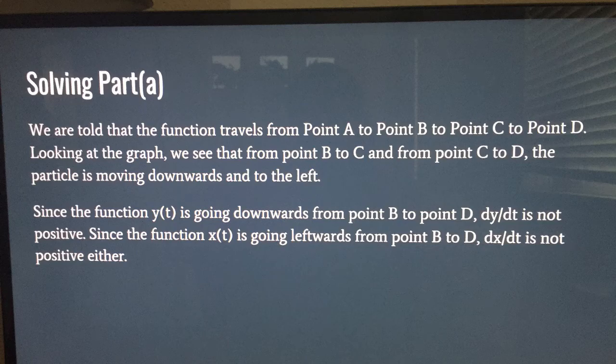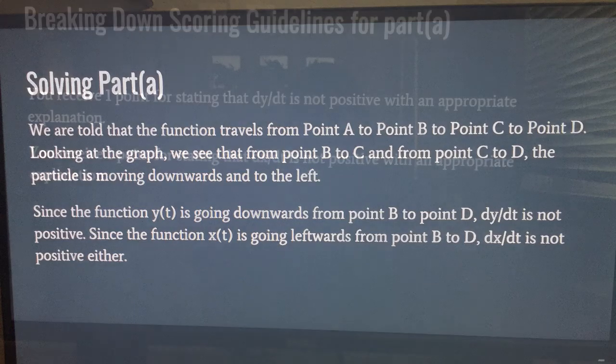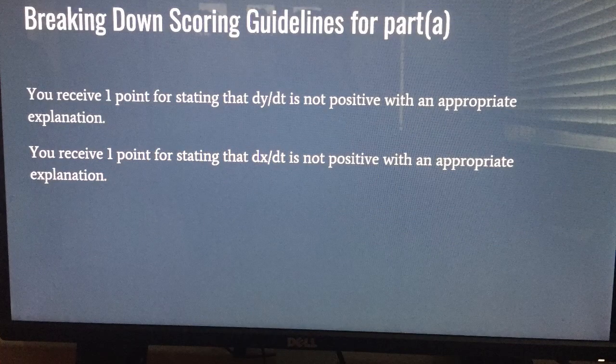Since the function x of t is going leftwards from point B to D, dx over dt is not positive either. You receive 1 point for stating that dy over dt is not positive with an appropriate explanation. You receive another point for stating that dx over dt is not positive with an appropriate explanation.